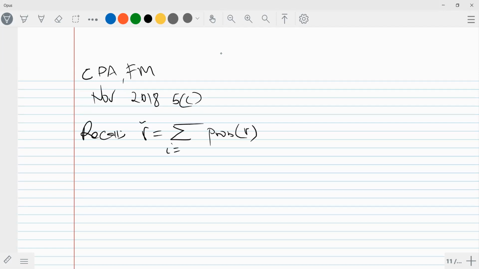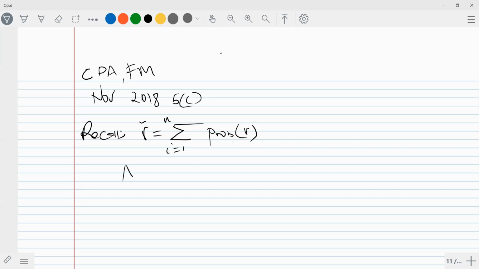Now for A, recall that the expected return for a security is equal to the sum of probability multiplied by the return, from the first data set all the way to the nth data set.